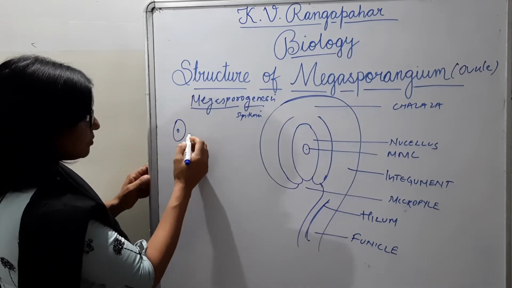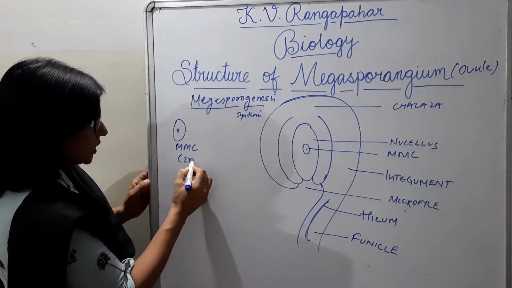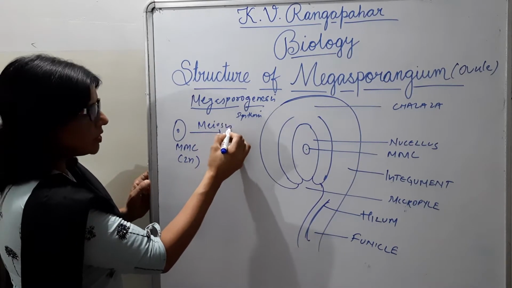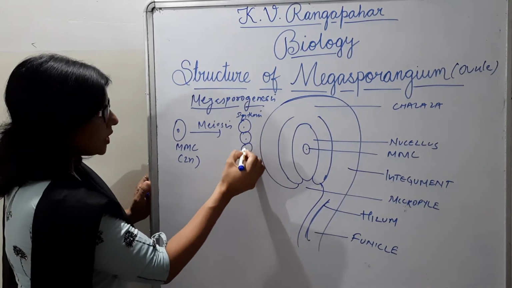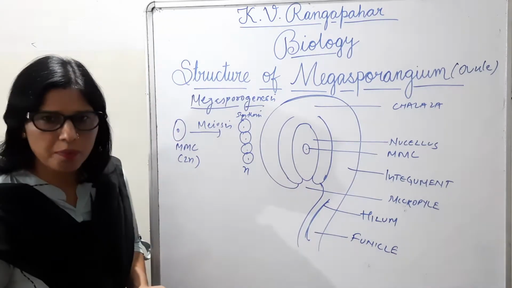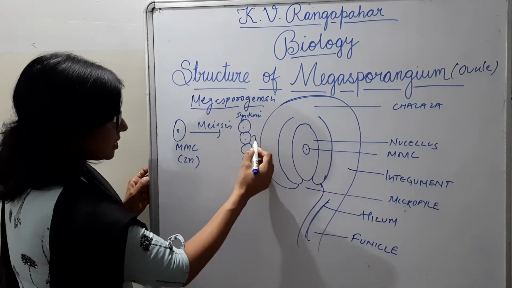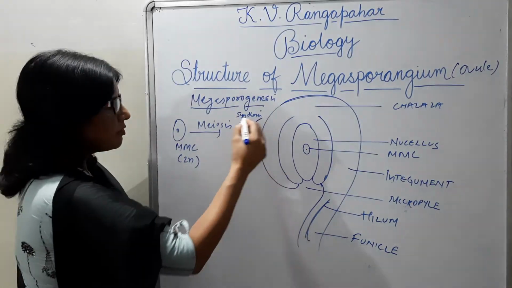For example, this is the megaspore mother cell, and this is a diploid cell, and this diploid cell undergoes meiosis cell division, and after that it forms 4 haploid megaspores. So all of these megaspores are haploid in their ploidy. Out of these 4 haploid megaspores, 3 will degenerate after some time and 1 will remain functional.